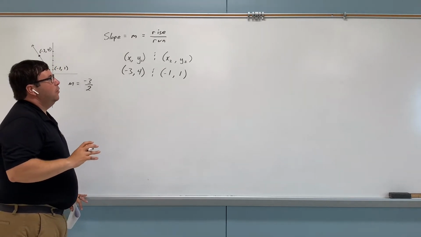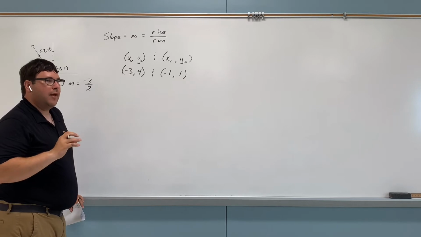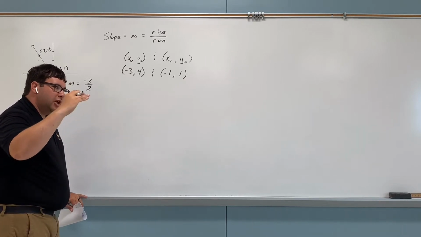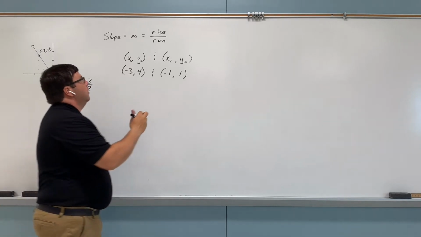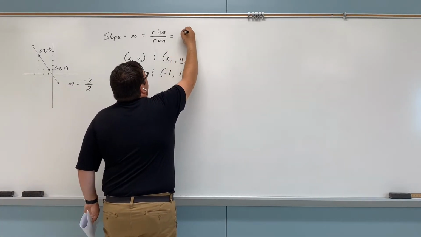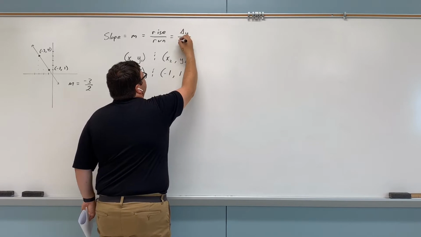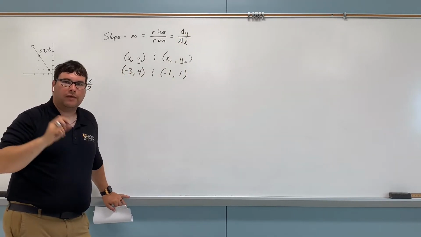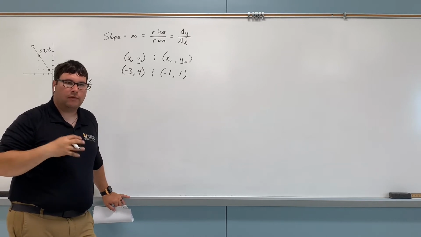Now, rise over run. Let's talk about that concept. We talked about the change for the rise, the change in the y values. So a change in y over a change in x. I'm using a little delta symbol to show change. That's all it's simply saying.